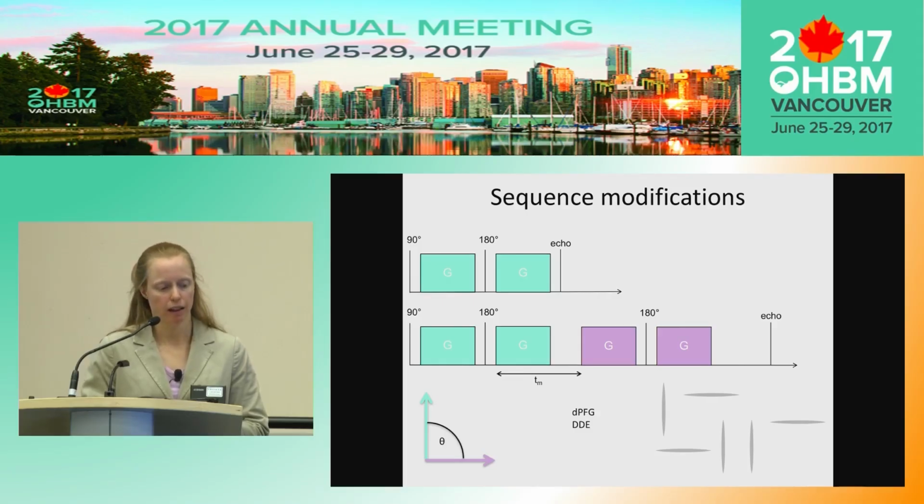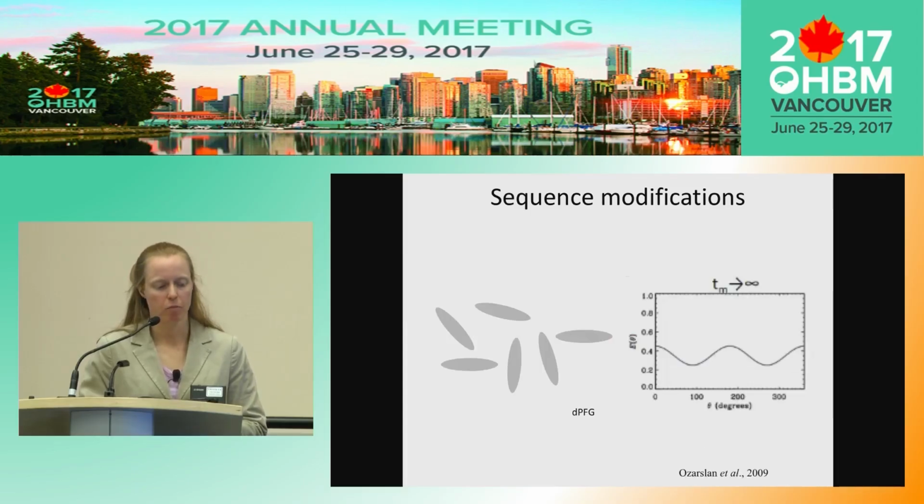And if you apply the second gradient in the same orientation, with theta equals 0 there, you won't have that much further you can go before you hit the noise floor. But if you turn the gradient so it's at 90 degrees to the first, then you have all those horizontal shapes with signal that has not been attenuated yet, and you can attenuate the signal much more.